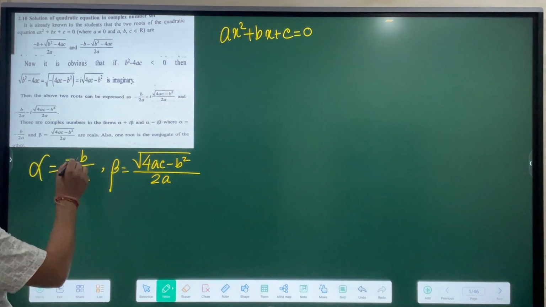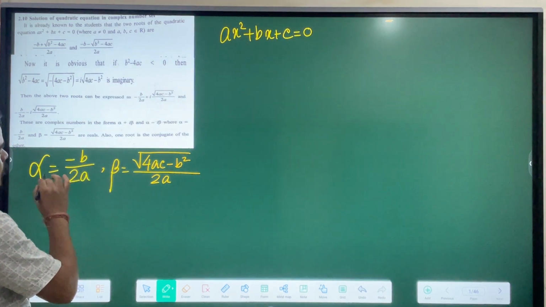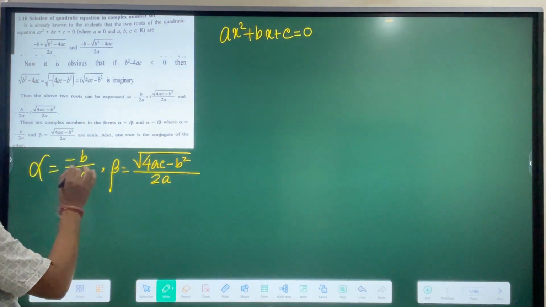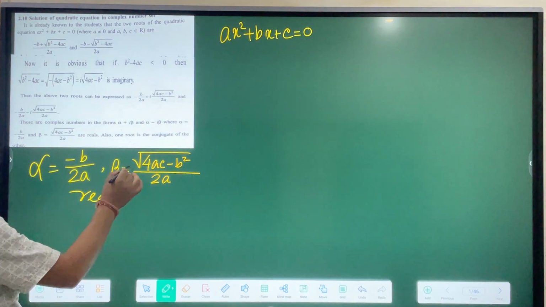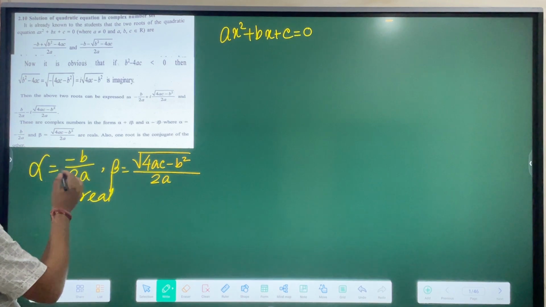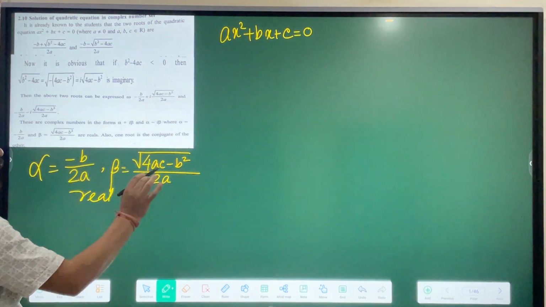Now, alpha and beta both are real numbers, because there is no i in them. Alpha is minus b by 2a, beta is the square root of 4ac minus b square, by 2a. They are real.